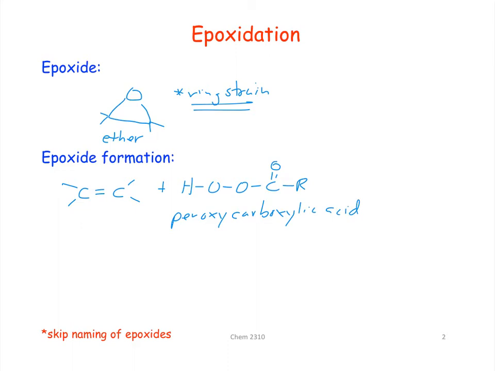We can think of this peroxy acid as kind of a combination of this molecule. So what's this? This is hydrogen peroxide, and a carboxylic acid.